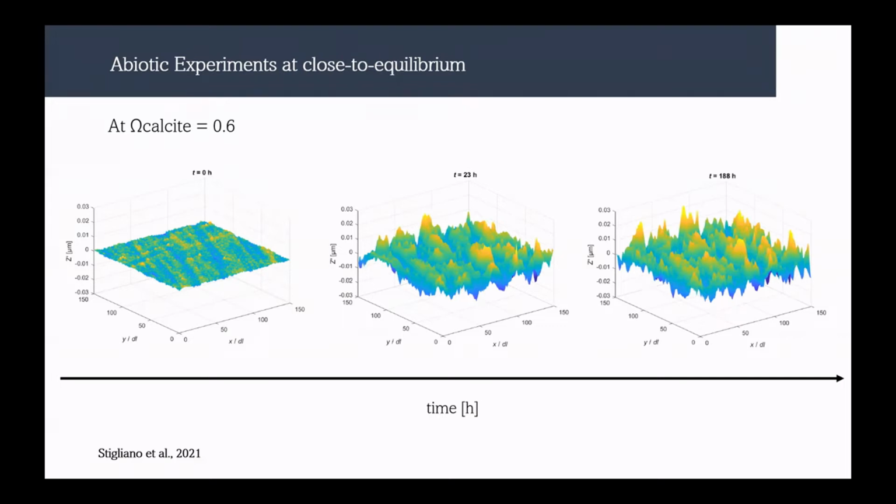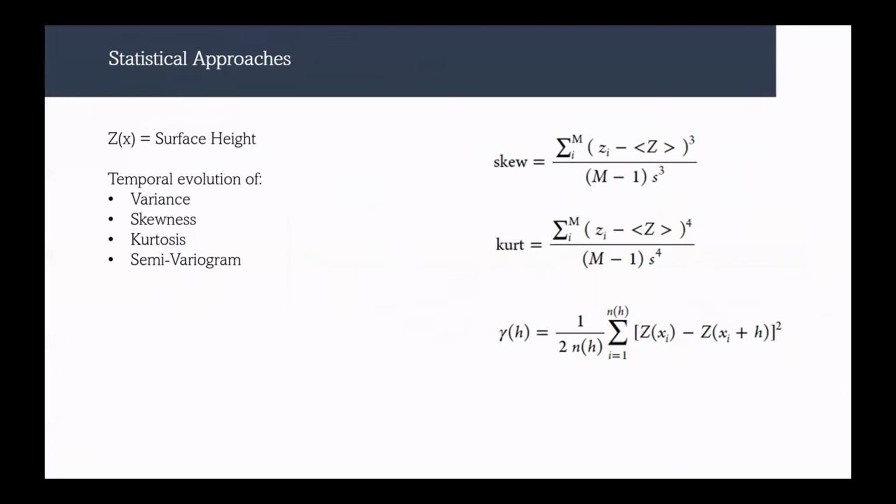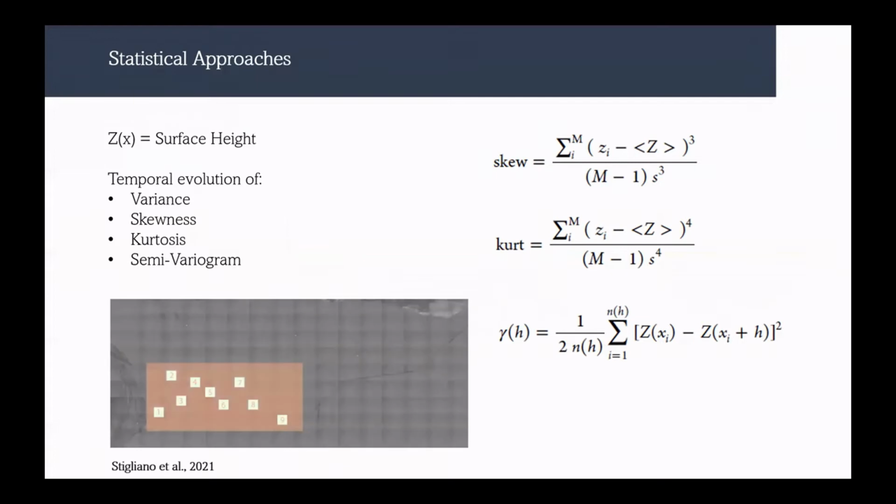So this is qualitative. And then the idea is to quantify this evolution with different techniques that I will not explain in detail. But it's important to point out that we perform this analysis on different windows across the mineral surface in order to take into account the spatial heterogeneity that we have on a given mineral surface.